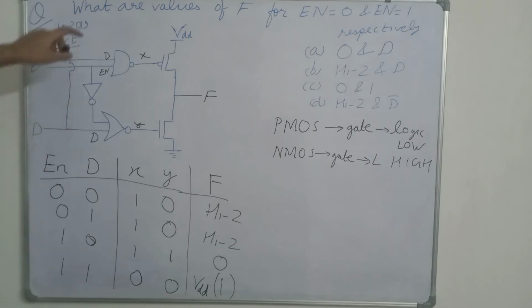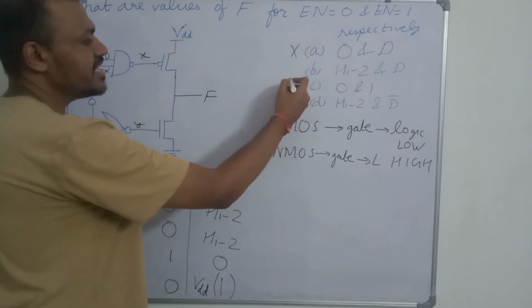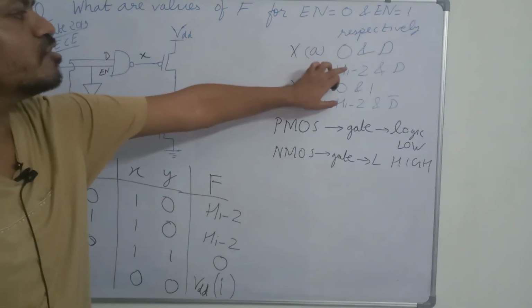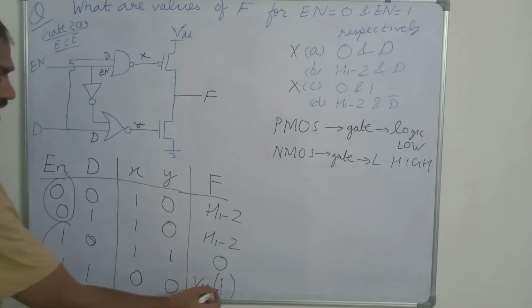So when enable is equal to 0, then output is in high impedance state. So option A and option C cannot be correct, because for enable equal to 0, output is at high impedance state. And when enable is equal to 1, in this case output is 0, and in this case output is 1.